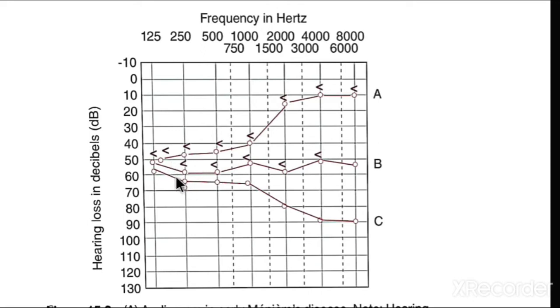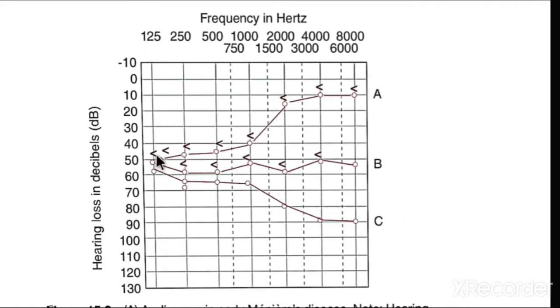But with time, both higher and lower frequencies are affected, so the curve is flat. And with time passing, the lower frequency curve remains the same, and the higher frequency sounds get affected more and more, so there is falling of the curve.